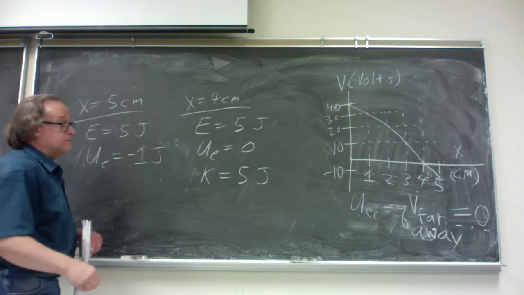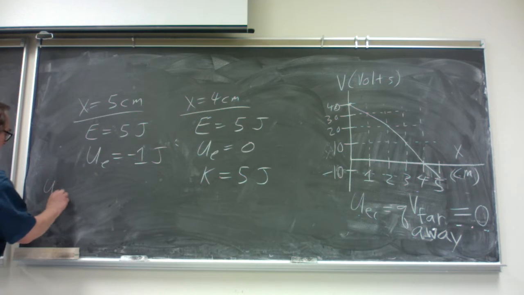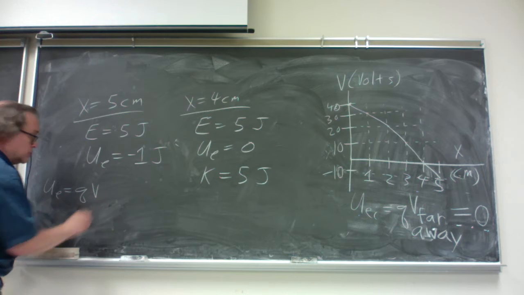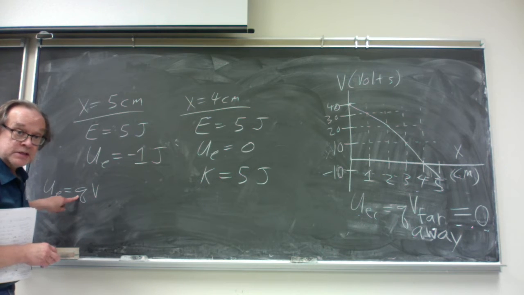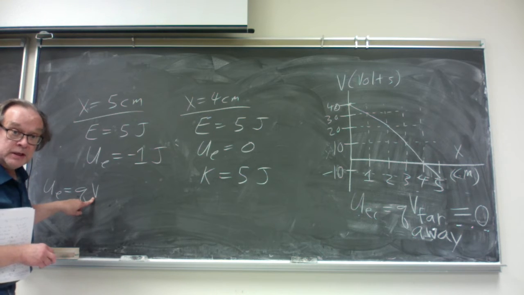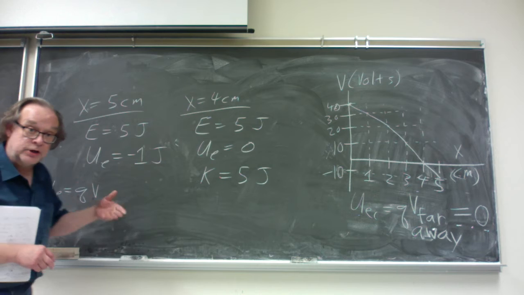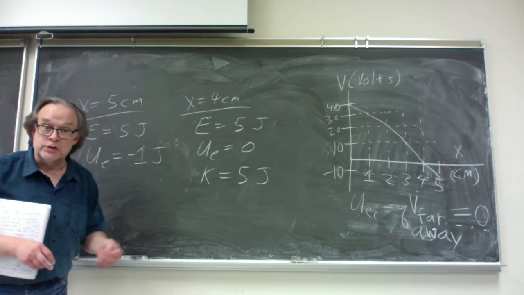Minus 1 joule. Right? Because potential energy is charge times voltage, and charges can be either positive or negative, and voltages can be either positive or negative. You're going to get a negative voltage created by negative charges.